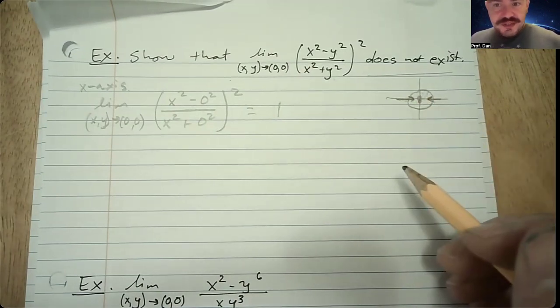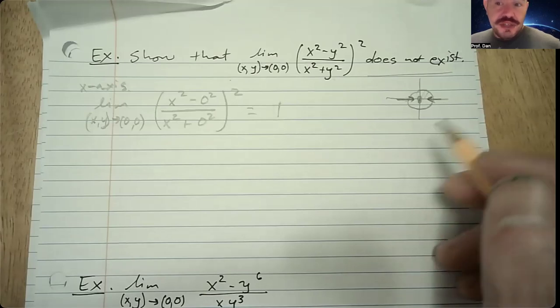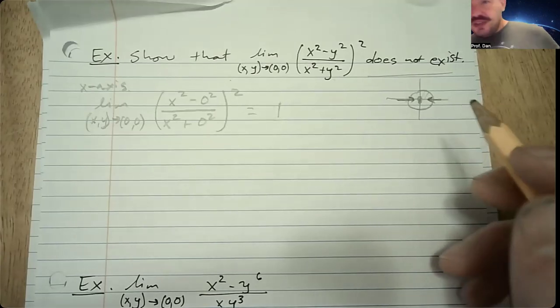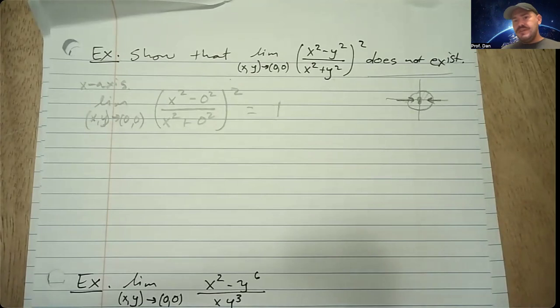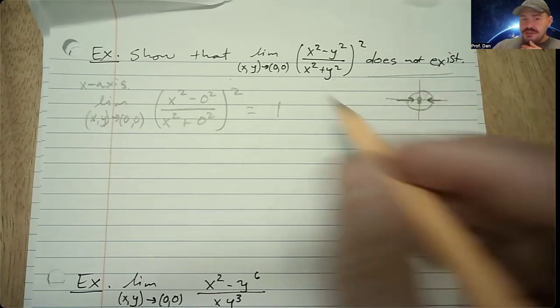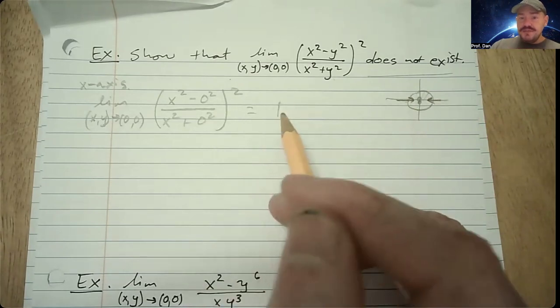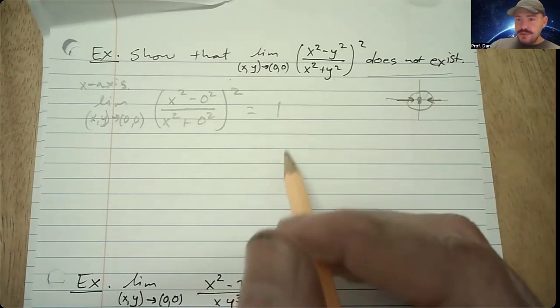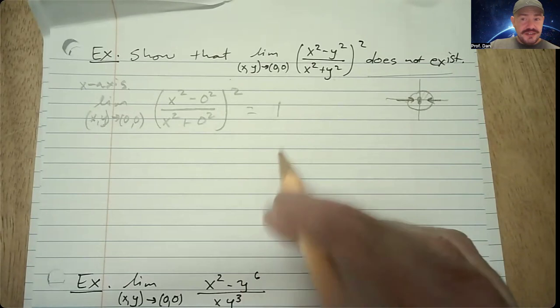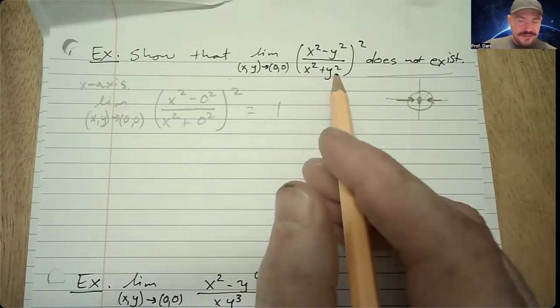So if you only test two things and they happen to be equal, that doesn't actually tell you anything. There's not a way for you to test infinitely many points. So if you do this kind of a test two different ways and get the same number, that does not imply that the limit exists.